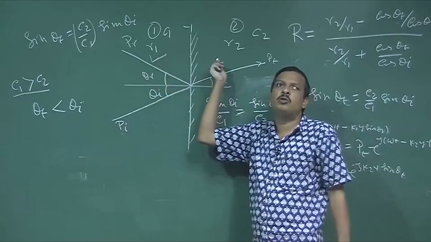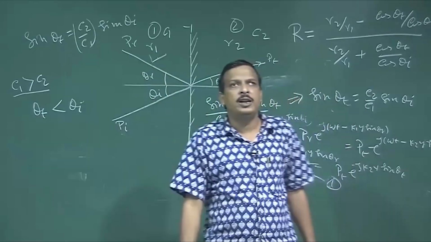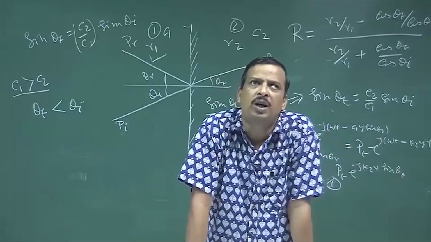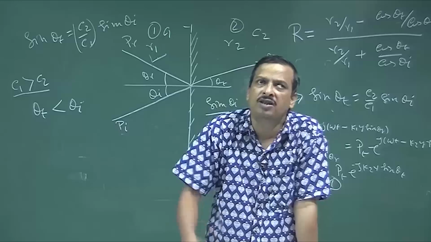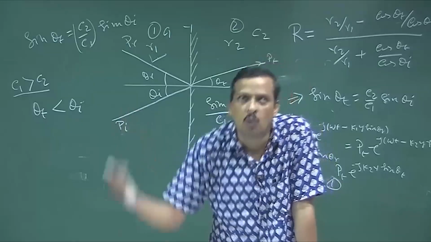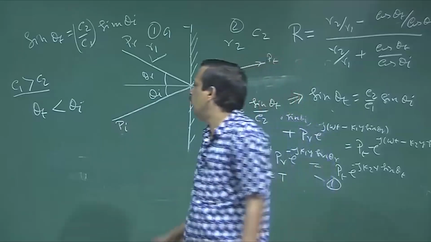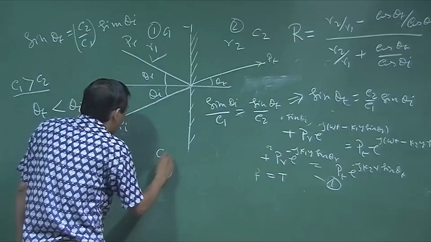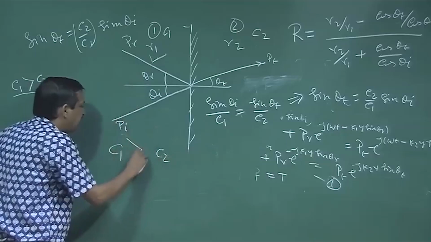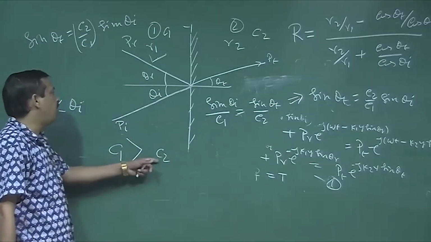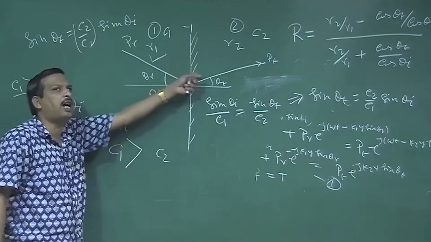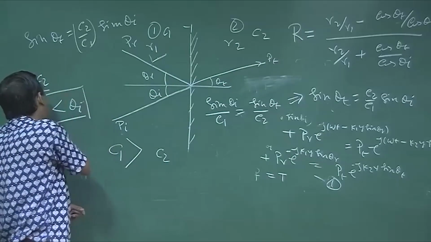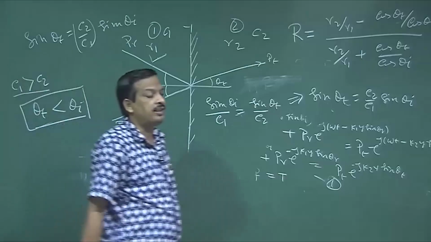medium 2. A practical example, if a sound is transmitted from water to air. So, in water sound velocity is C1 and in air it is C2. So, C1 is greater than C2. So, if the sound is transmitted from water to air, the angle of transmission always will be less than the angle of incidence.